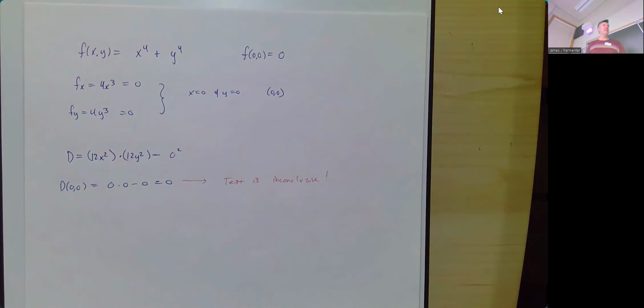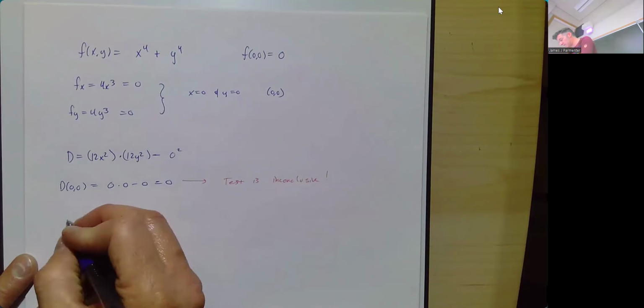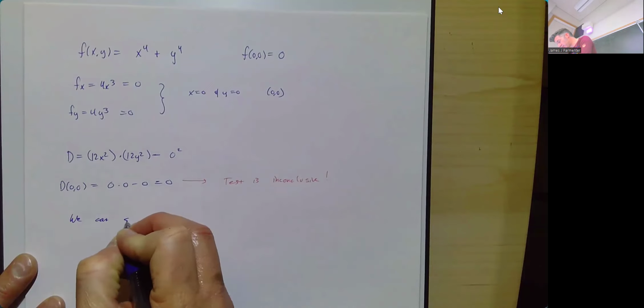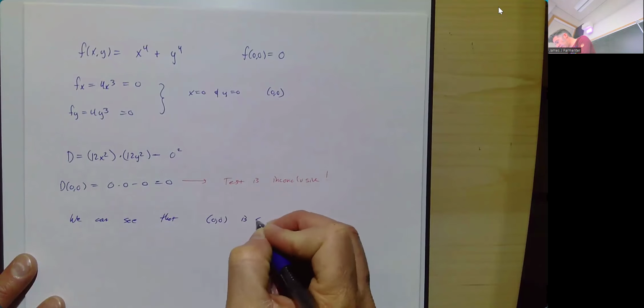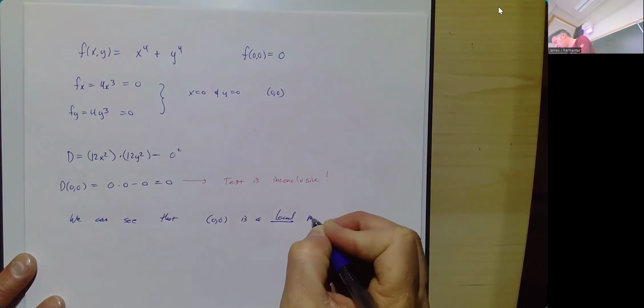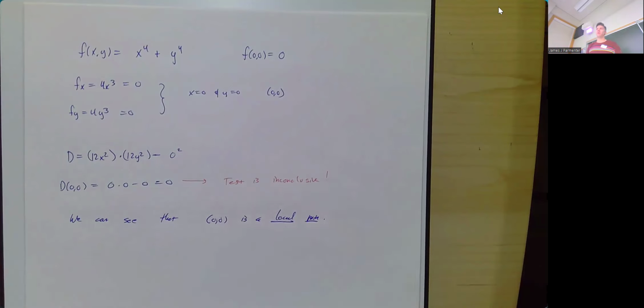Always positive, meaning that a z value of 0 is the lowest possible value, and everything near it will be higher up. So we can see by inspection that this point has to be a local minimum, because it has to be lower than all the points around it. So even though this test is inconclusive, we can see that (0, 0) is a local minimum. It's also an absolute minimum, but we're talking about local.